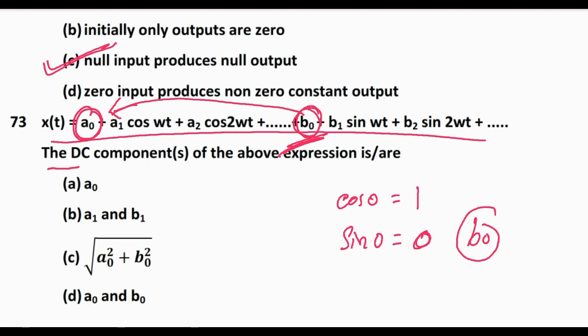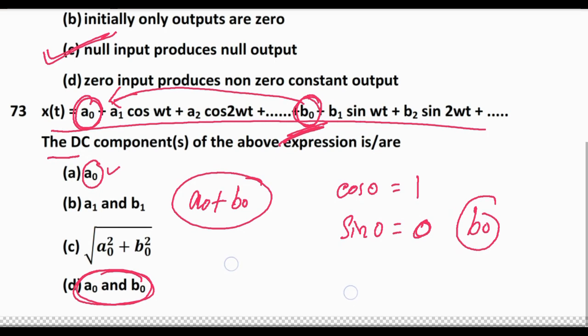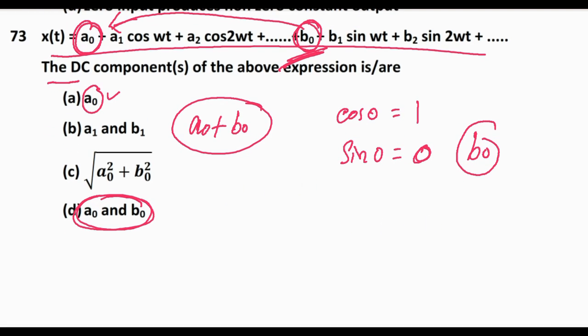If there is an option of A0 plus B0, this should be the answer here, but here A0 only is given, so this is not right, because B0 is also added to that value. So we select A0 plus B0, because in the case of sine terms there will be no DC term, because sine 0 will be 0.